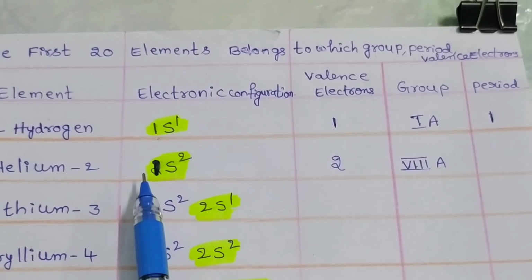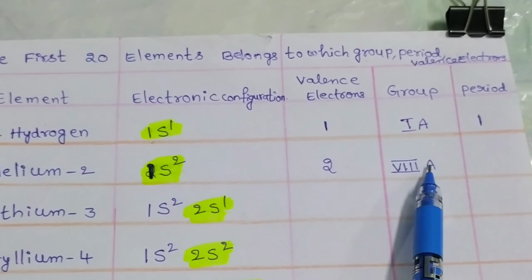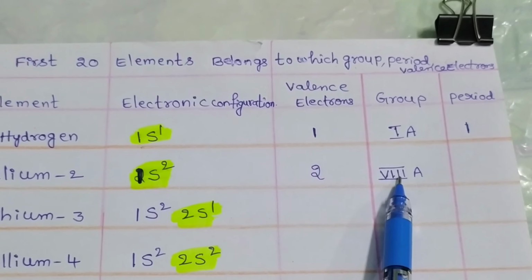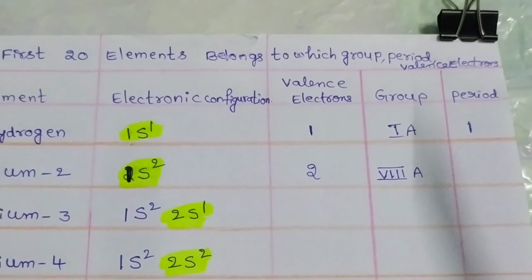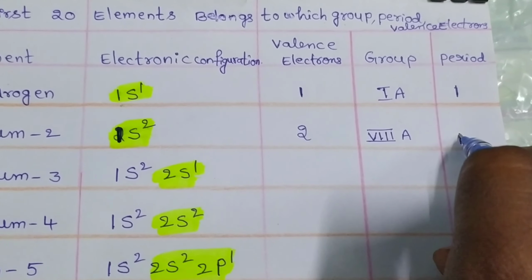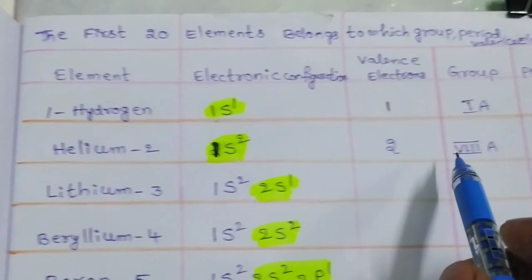So helium is placed in 8th A group in the modern periodic table, and the outermost orbit is 1, so its period number is 1. Helium is present in the first period and in 8th A group.